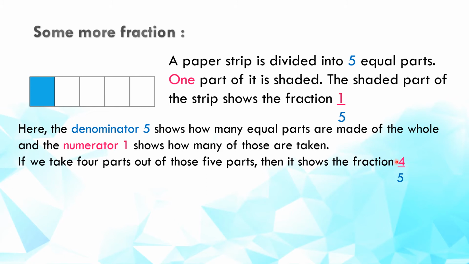So we write the unshaded part on the top and we get the fraction 4 upon 5. 1 upon 5 plus 1 upon 5 plus 1 upon 5 plus 1 upon 5 is equal to 4 upon 5.